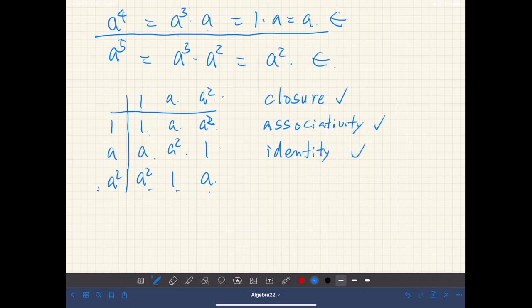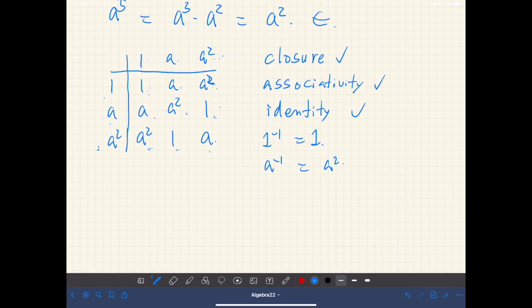And the inverse element. 1 times 1 is 1, so the inverse element of 1 is 1. And a times a squared is 1, so that means a inverse is a squared, and a squared inverse is a.